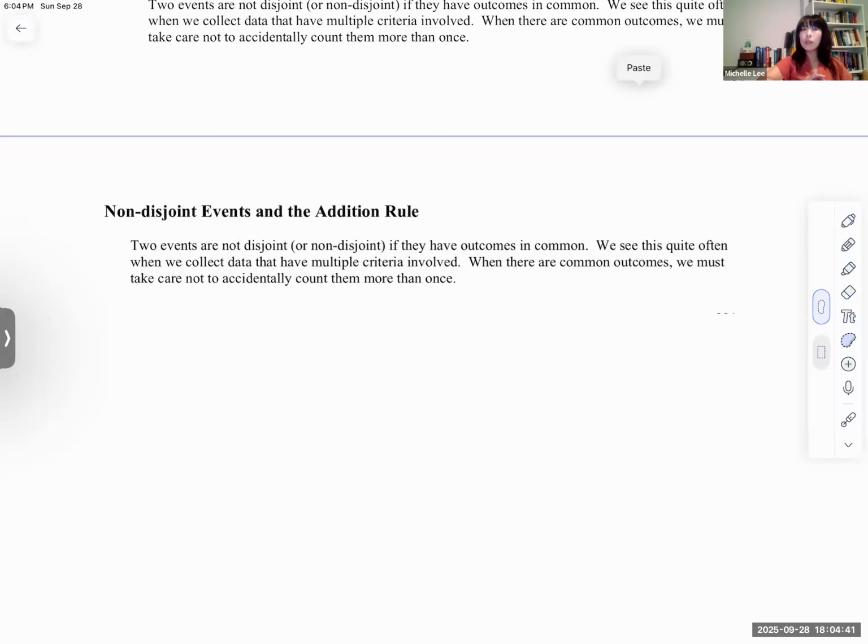All right, so we did that disjoint event, which is mutually exclusive, meaning the two events do not have a common outcome. Now we have a non-disjoint event.